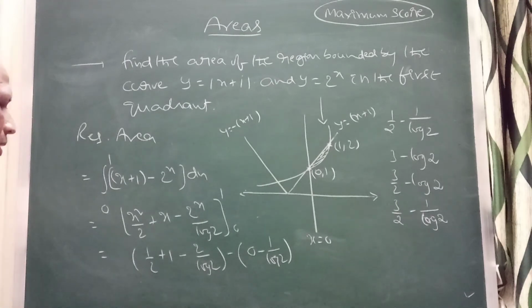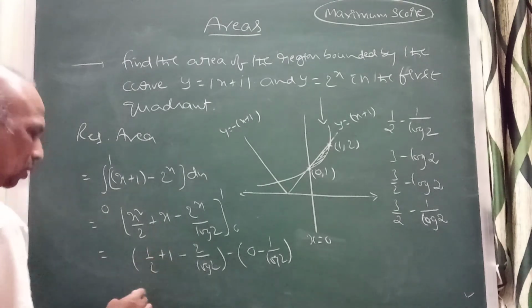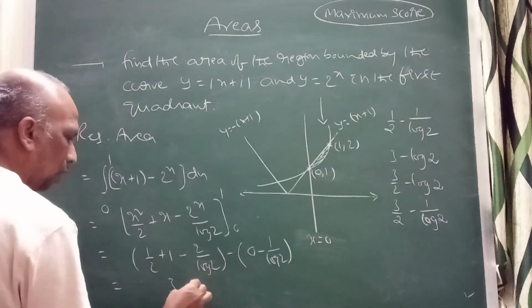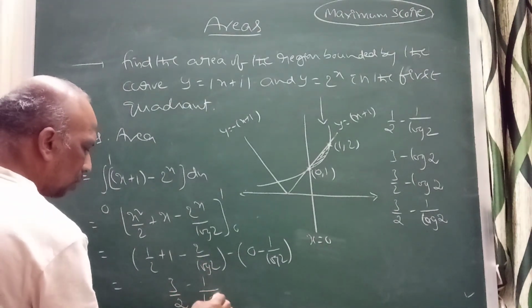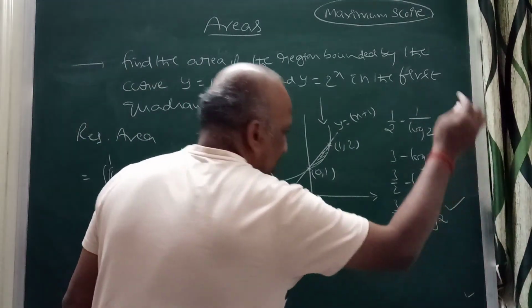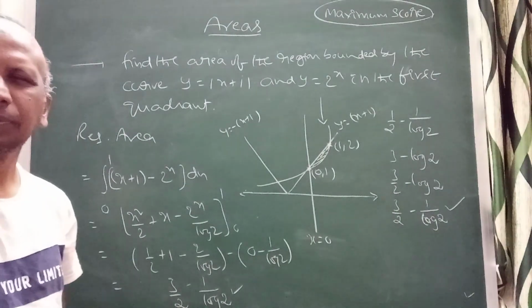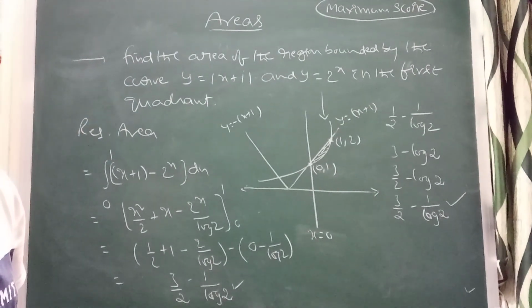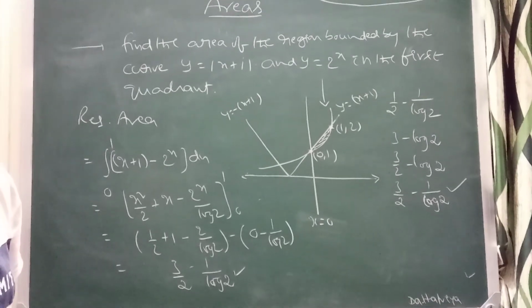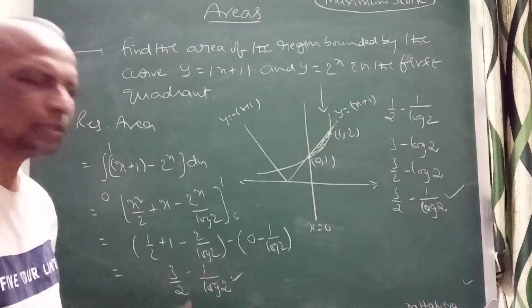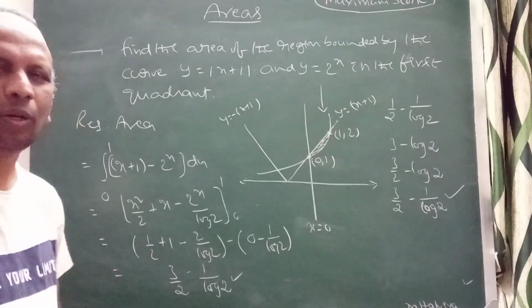You can check this. 1 by 2 plus 1 is 3 by 2, minus 2 by log 2 plus 1 by log 2, it becomes minus 1 by log 2. So your answer is the fourth option. I got 3 by 2 minus 1 by log 2; you can verify.